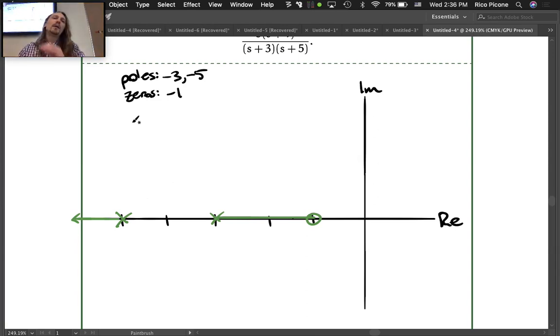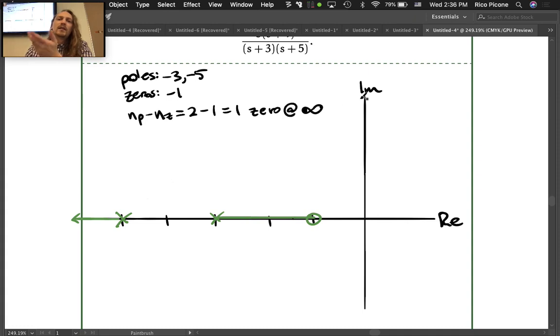Okay, so now we want to know, we've got number of poles minus the number of zeros being equal to 2 minus 1, which is just 1, right? So we've got 1 zero at infinity. Okay, so to compute the real axis intercept for that one asymptote, we say, okay, sigma A equals the sum of the poles minus the sum of the zeros.